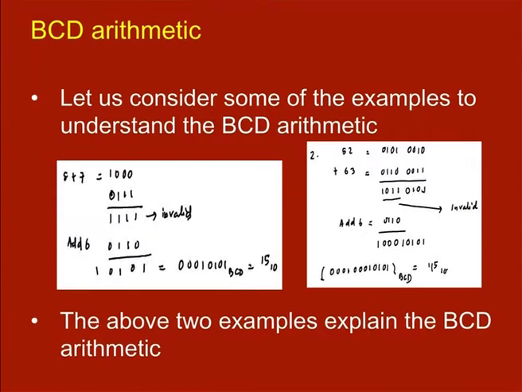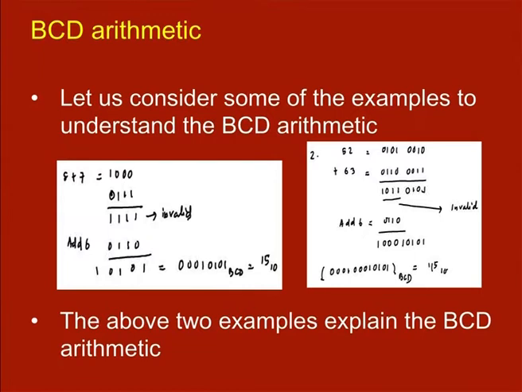Now, what we have to do is add the binary of 6, that is 0110, to this number, and hence after addition it becomes 10101, and now we can write this as an 8 bit digit, that is 0001 0101, and that represents the BCD representation of 8 plus 7, which is equal to 15 in the decimal number system.